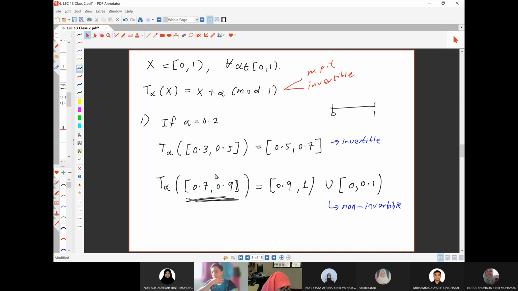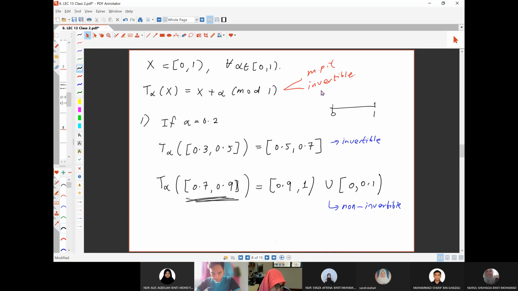To come back to this segment, you have to take both. So that means it cannot be, because if it is invertible it must be one to one. From one you get two images is fine, but from two images to go to one, cannot.